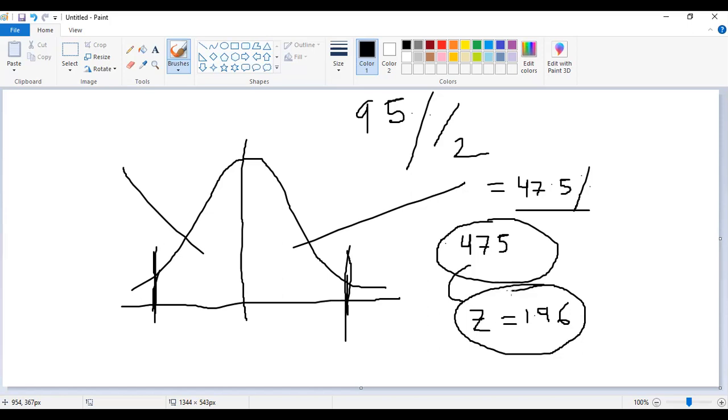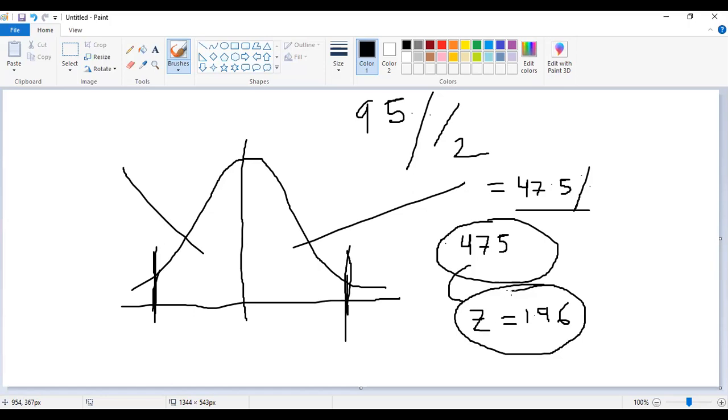Every time we divide this percentage by 2. Why? Because I am trying to see only the positive axis of Z. I generally do it like this. If you want any other method, you can follow it. I have no objection, but this is my method and it is foolproof. As you know, the normal distribution is a symmetrical curve.